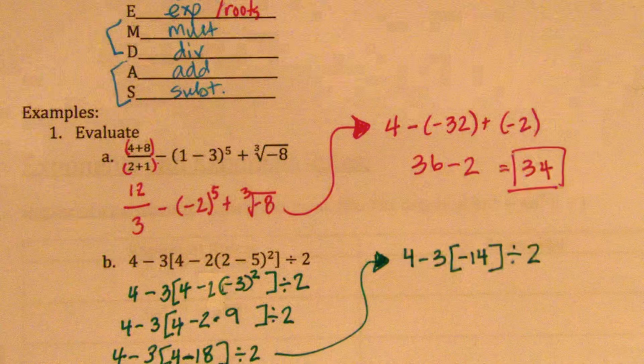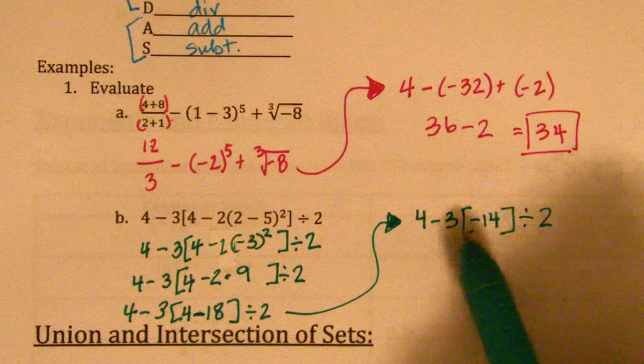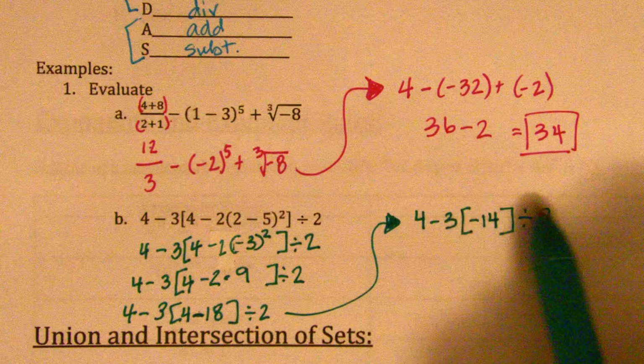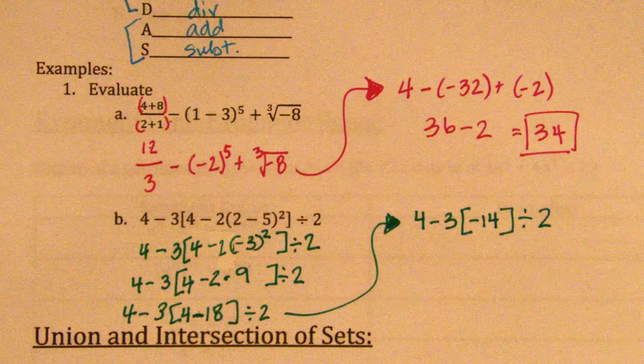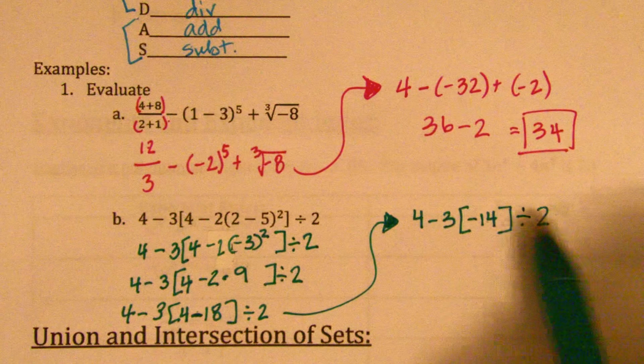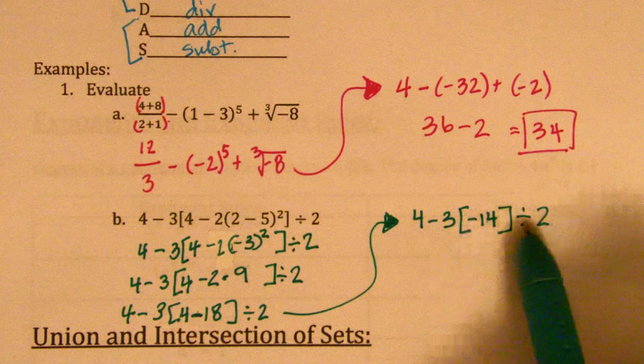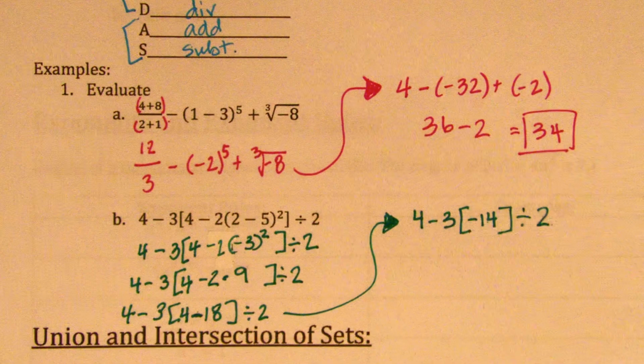Now here's where sometimes students aren't sure what order to do things here, because I have multiplication and division. And here's the answer. It really doesn't matter. I could do 3 times negative 14 and then divide by 2. Or I could do 14 divided by 2 and then multiply that times 3. Either way is going to give you the same answer.